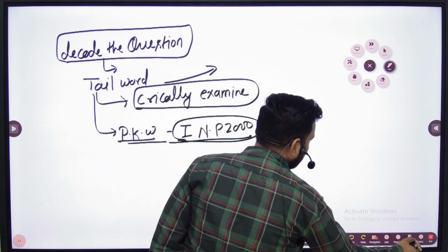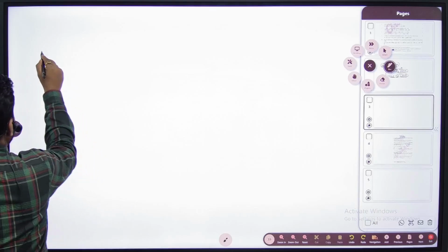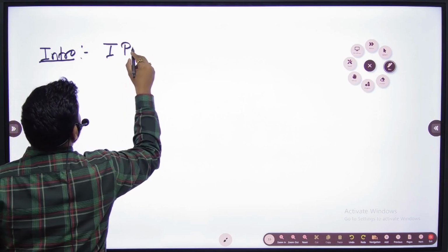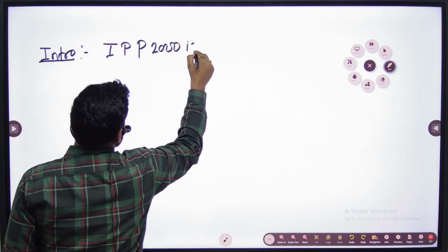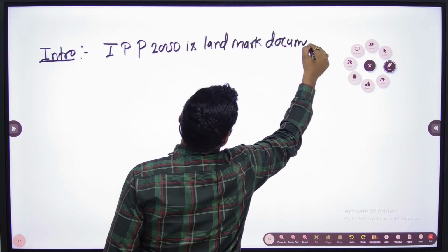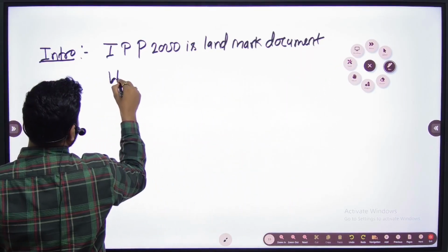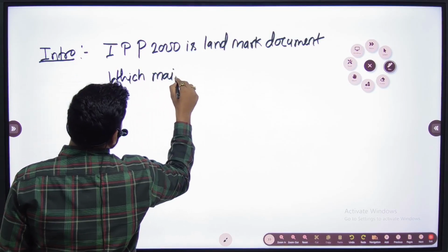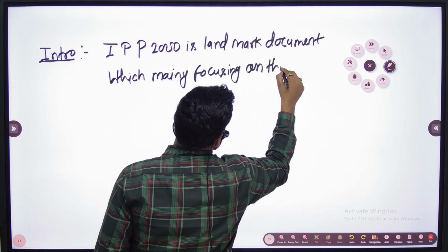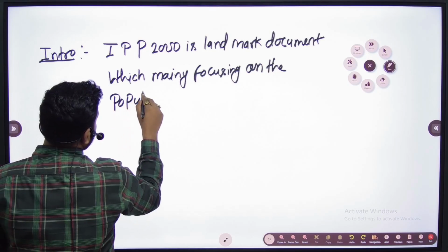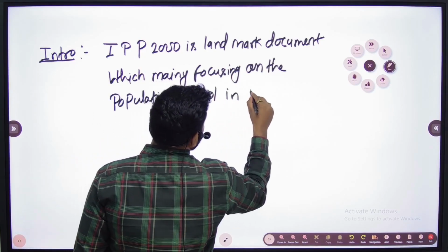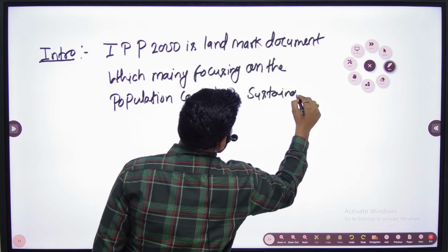So what is the intro of this question? What kind of approach? You can write an intro like this: India's Population Policy 2000 is a landmark document which is mainly focusing on population control in a sustainable manner.